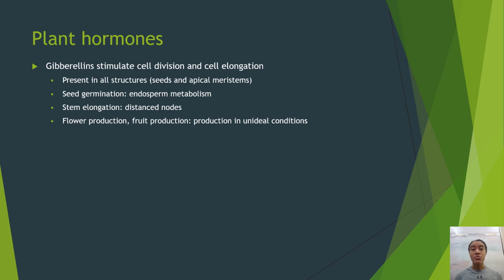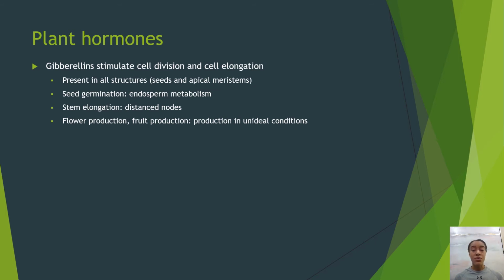Additionally, gibberellins play important roles in flower production and fruit production. Humans have harnessed this ability of gibberellins to our benefit to stimulate flowers and fruits to be made and produced, even when the plant is not really ready for production due to unideal conditions.